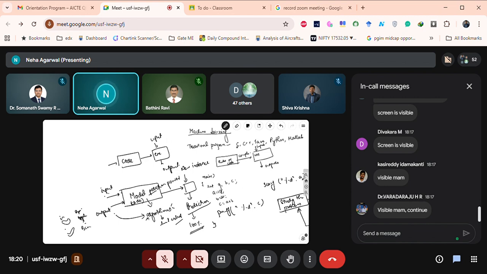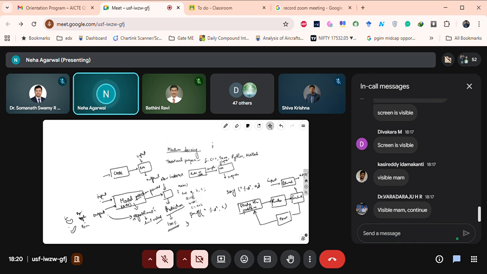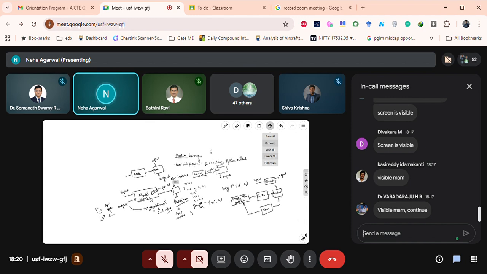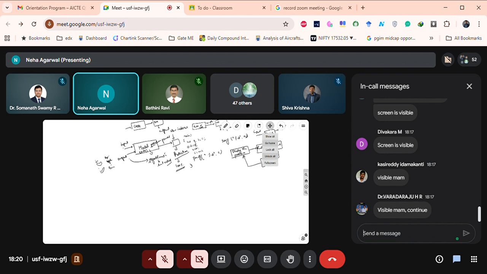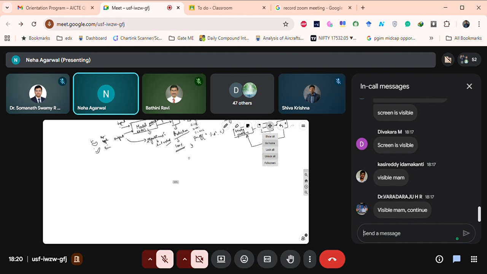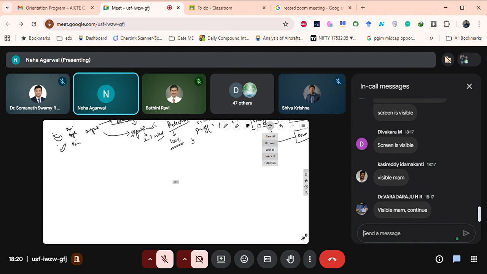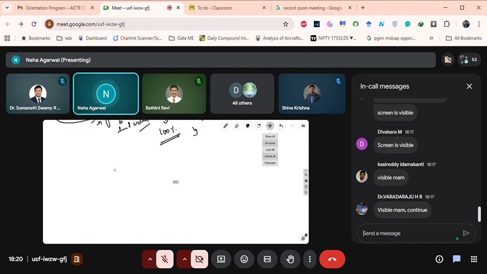Okay, so if we are talking about machine learning, then what are we going to do? In that, I will have some data set. That data set can be of two types: either a labeled data set or an unlabeled data set.